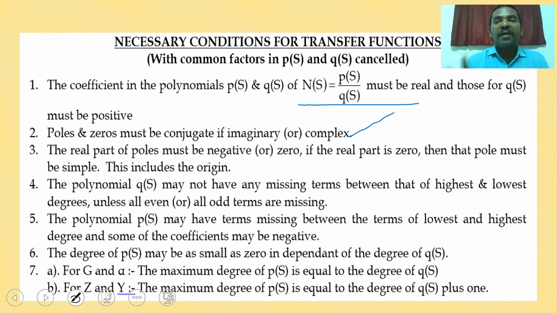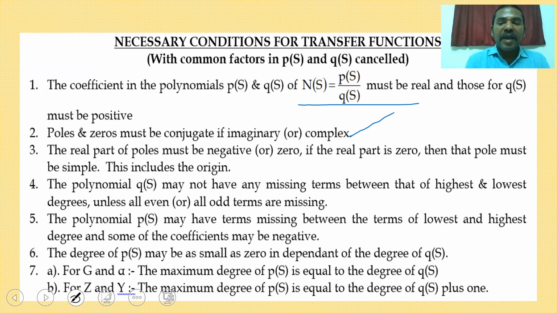We are not bothered about the zeros of the transfer function. But in the driving point impedance, both must be there. In the polynomials, either the lowest order or highest order may be missing, so all odd terms missing or all even terms missing is acceptable for poles, but for the zeros there may be missing terms in the polynomial.